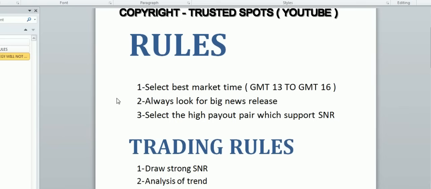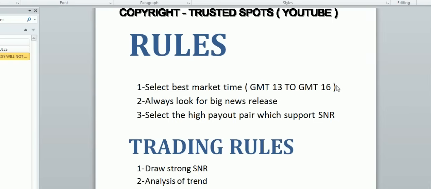So always try to select the best market time. For me, GMT 13 to GMT 16 works the best, and I personally use this time for trading. When I'm busy, I can go for a different time, but usually I trade from GMT 13 to GMT 16.